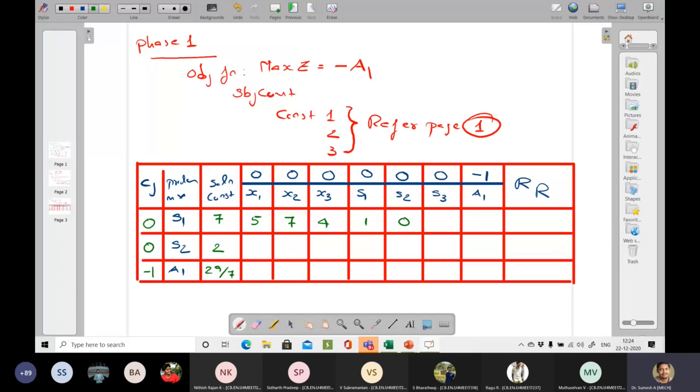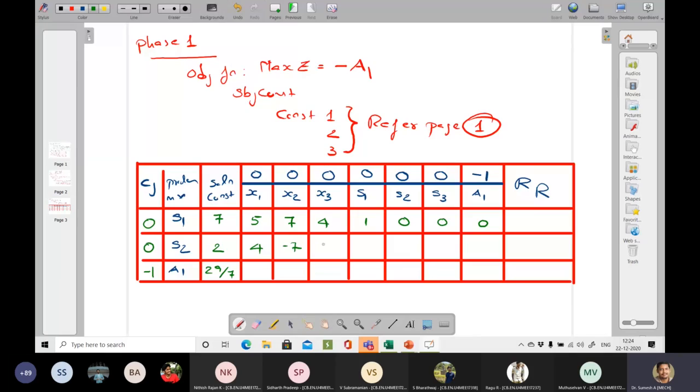The second constraint is 4, minus 7, minus 5, 0, 1, 0, 0.